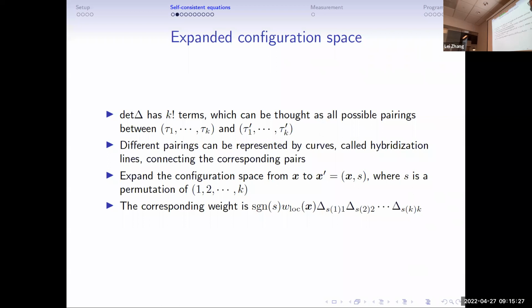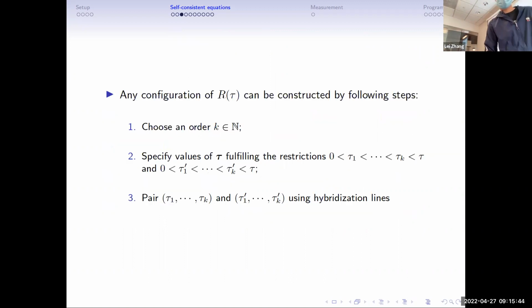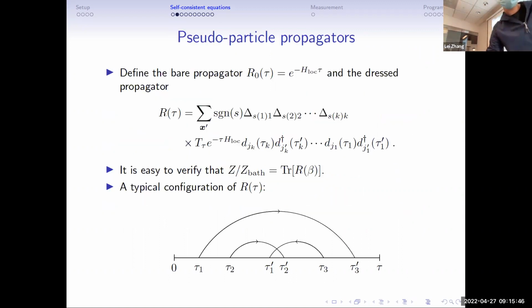What that means is we expand the configuration space by introducing one more degree of freedom: the pairing between tau and tau primes. You can write down its contribution as follows. After we expand our configuration space, we can define the pseudo particle propagators.